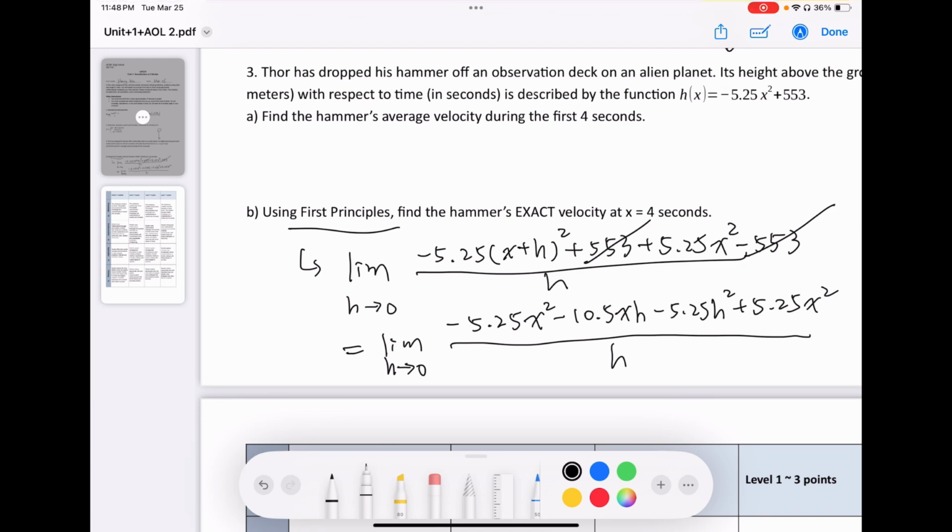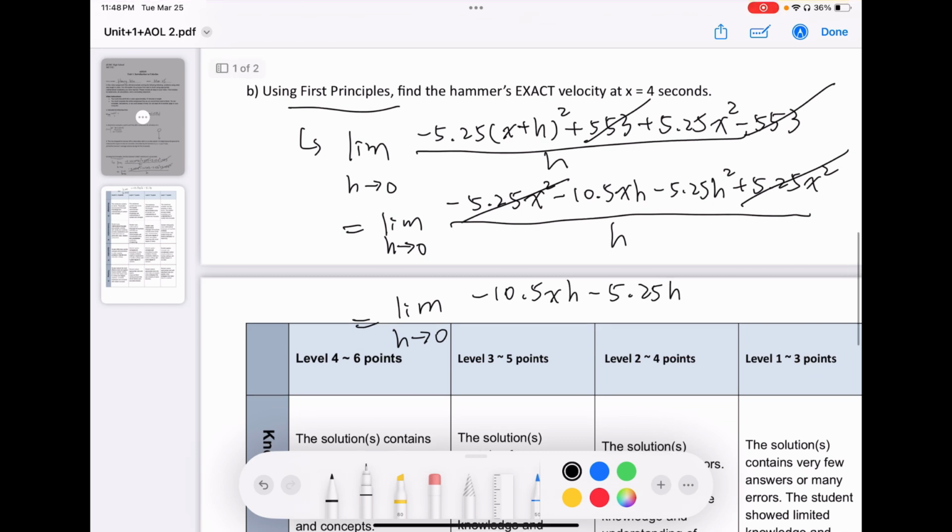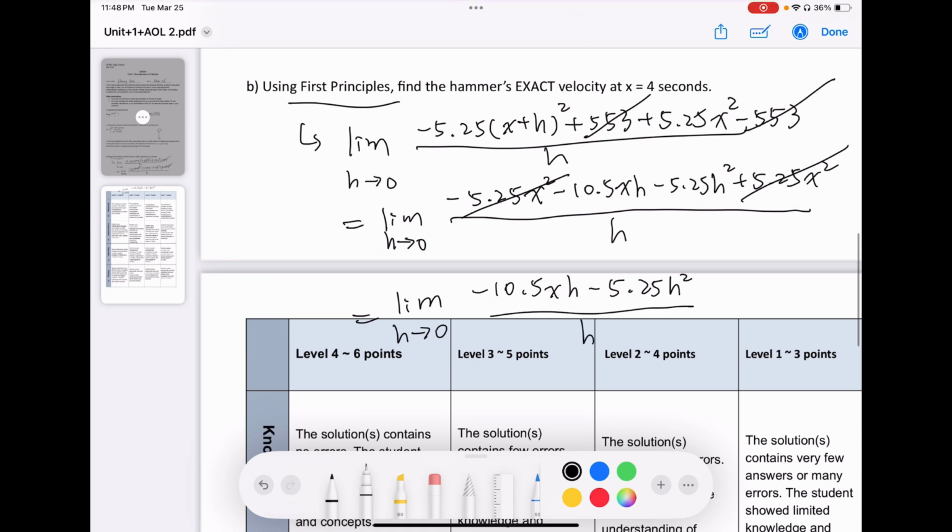And then we can cancel out 5.25 x squared right here, and we just write it down right here, I guess. 5h minus 5.25 squared, and then over h.